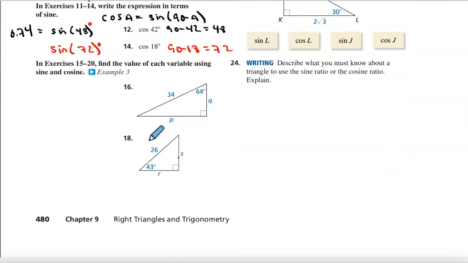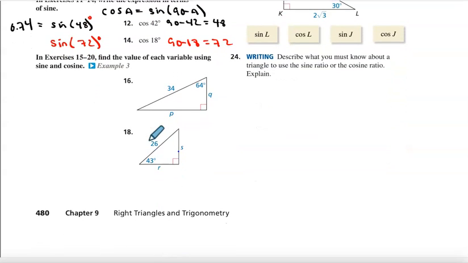Okay. Find the value of each variable using sine and cosine. Okay, so I'm looking for P. Here's my angle. That's opposite, and that's my hypotenuse. So I can say the sine of 64 degrees is equal to the opposite over hypotenuse.